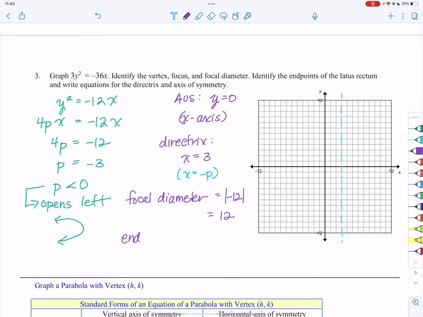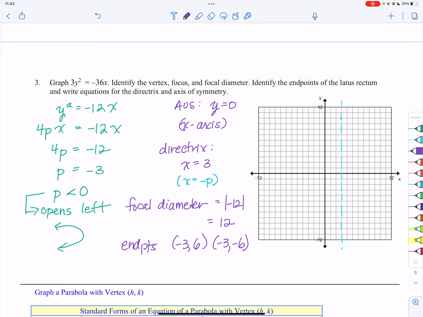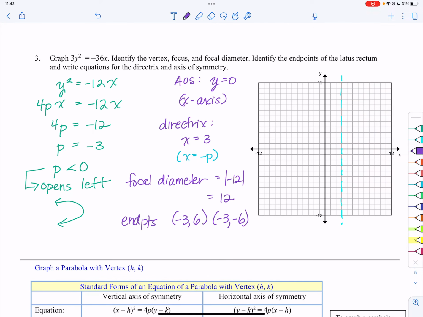So now our endpoints are going to be at (-3, 6) and (-3, -6). So we have our center, of course, is at the origin. So we'll go ahead and put that here. And then we have negative 3.